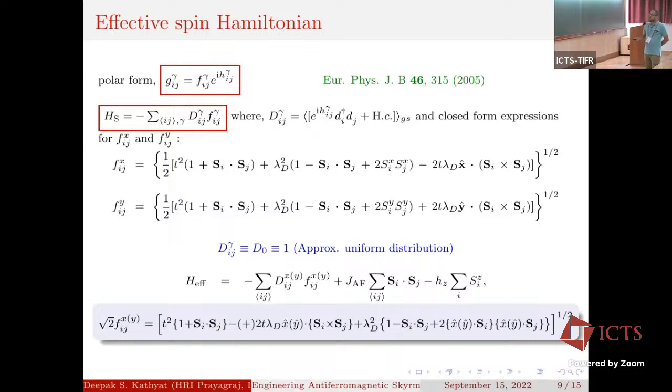So we checked that in our system, in the various ground states, the coupling constants can be approximated to be uniform, such that we take this to be a constant D naught, and for simulation purposes we use D naught equals 1. In this way we get from the spin-fermion model to finally a spin-only model. With this spin-only model we can do classical Monte Carlo simulations, where this Fij expression is this.